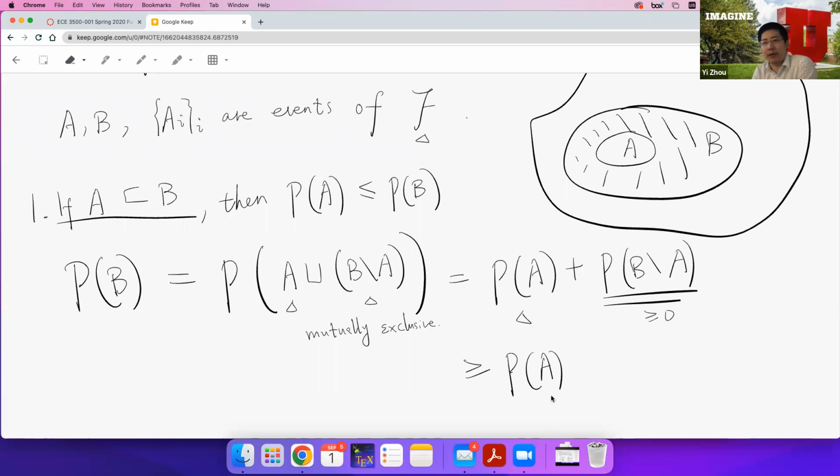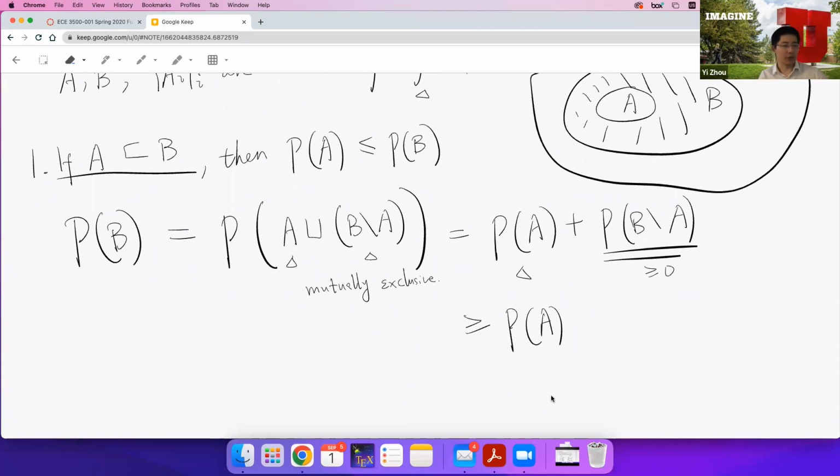In every step, we are leveraging one of the axioms of probability law to justify the proof. In your homework, you should also follow a similar strategy: always follow the axioms and try to argue the desired inequalities. But this is intuitive, right? If you have a bigger event, it has to be more likely to happen.